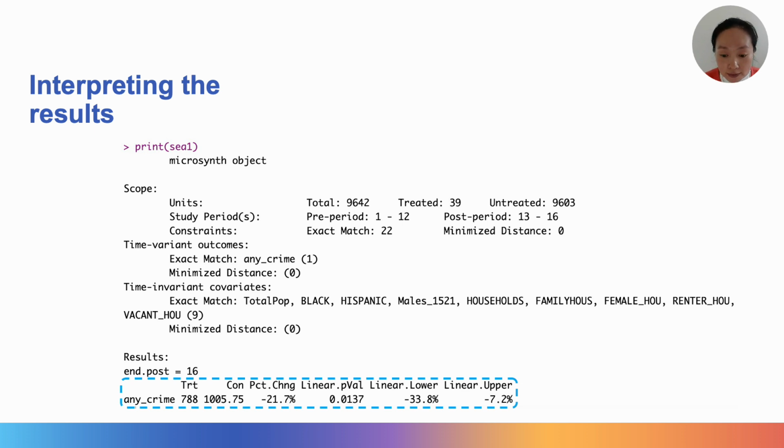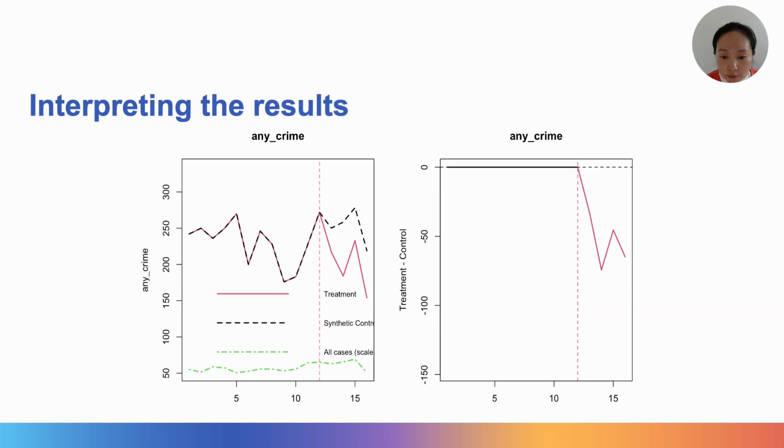So we are quite confident that this intervention was successful in reducing crime, at least in our outcome, in reducing any crime. If we plot out the result, both figures show us in quite intuitive ways that any crime did decline compared to the synthetic control group.